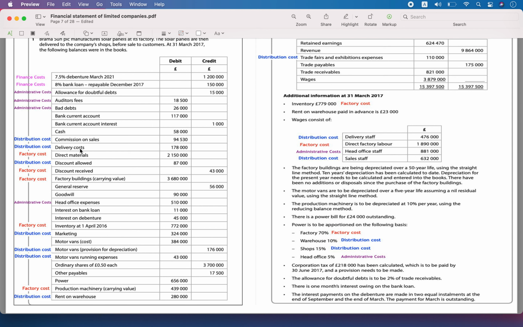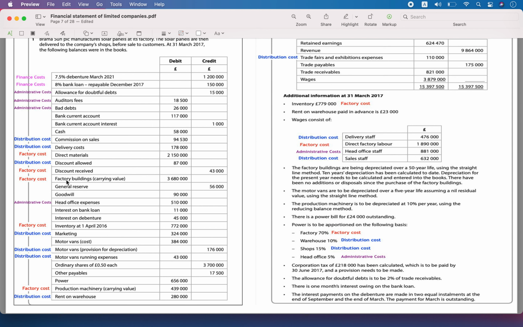Sales, shop, warehouse, delivery, transport, all this you can identify as distribution cost. Then direct material minus the discount received is going to come under the factory cost. Then discount allowed, which was given to the customers, is going to come under the distribution cost.